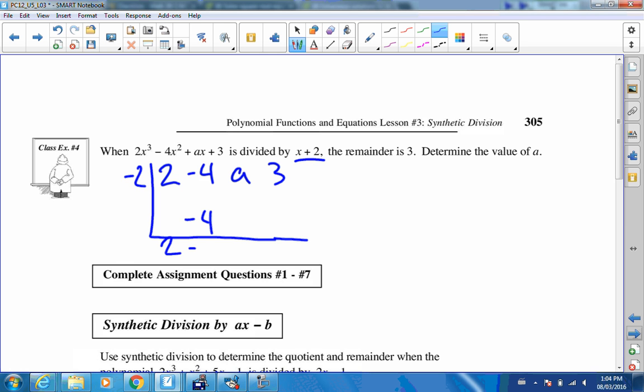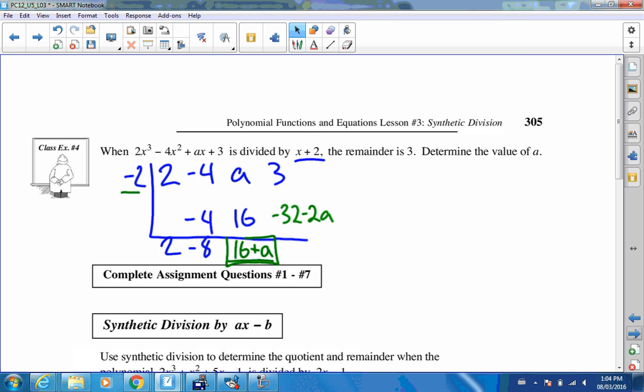Negative 4, negative 8, 16. Now this is where it gets a little bit funky. What I'm going to do here is just go 16 plus a. I'm going to go negative 2 times this whole shebang is going to be negative 32 minus 2a. So hopefully that makes sense.